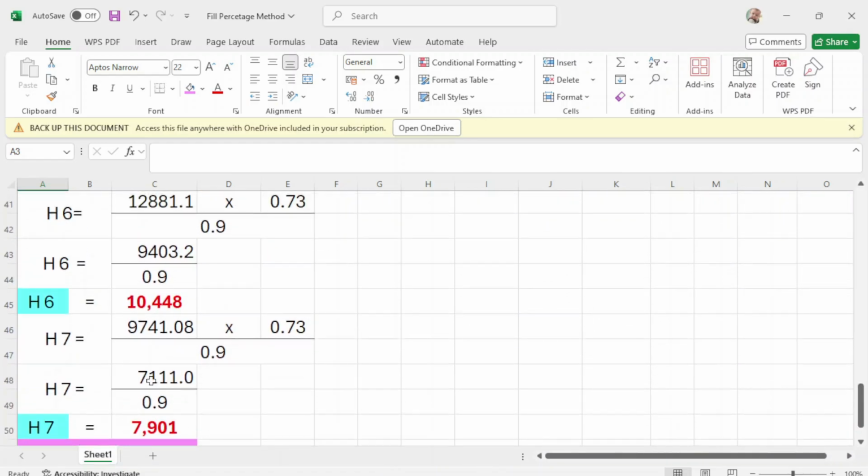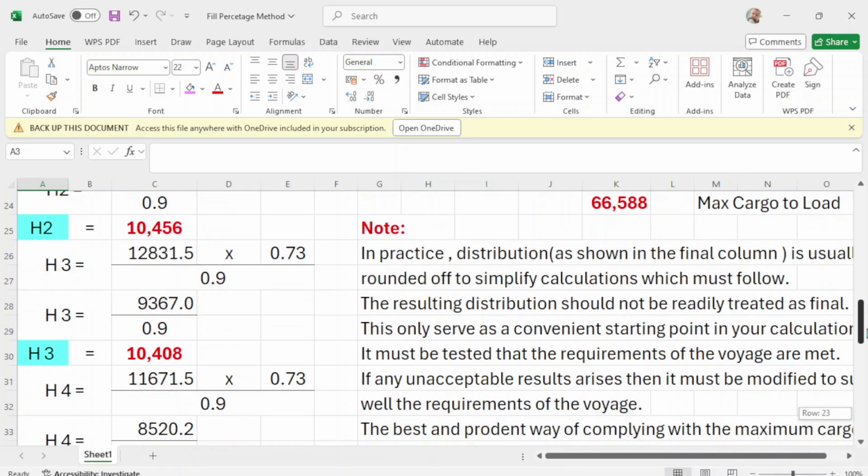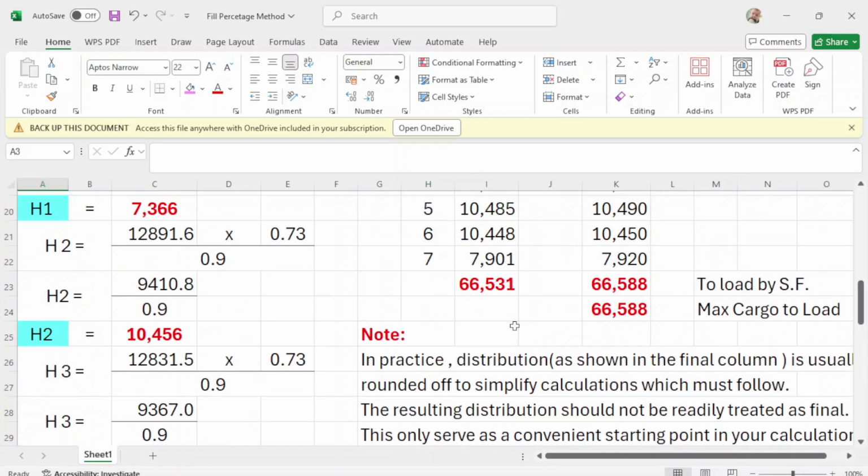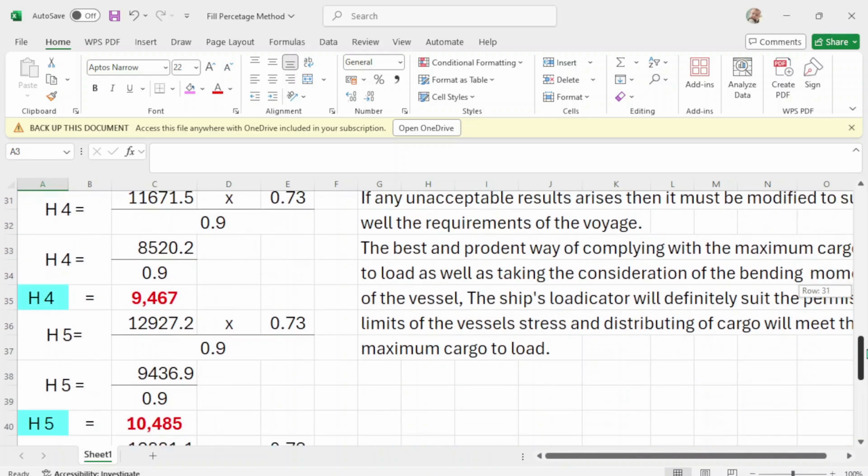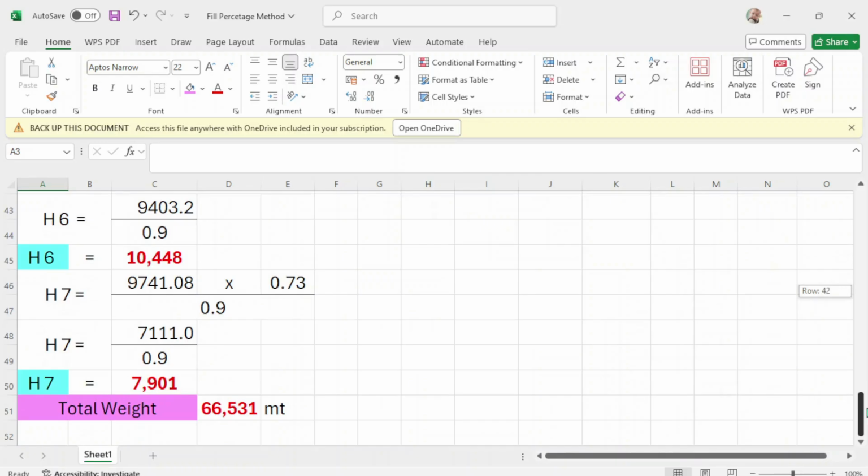The cargo hold capacity of number 7 is 9741.08 times your percentage of 0.73 over your storage factor, and the value is 7901. And the total will be 66531.